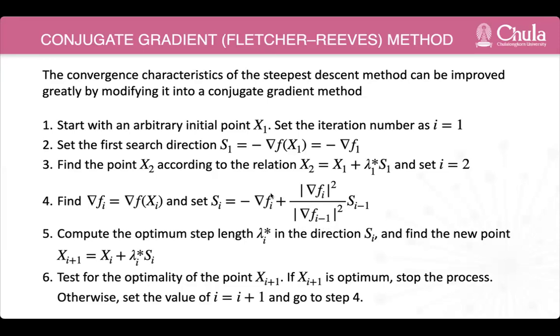You see that we take the gradient at iteration i, and we also update it with the direction from the previous one and the gradient information from the previous one. This is an important point. We call it Fletcher-Reeves.